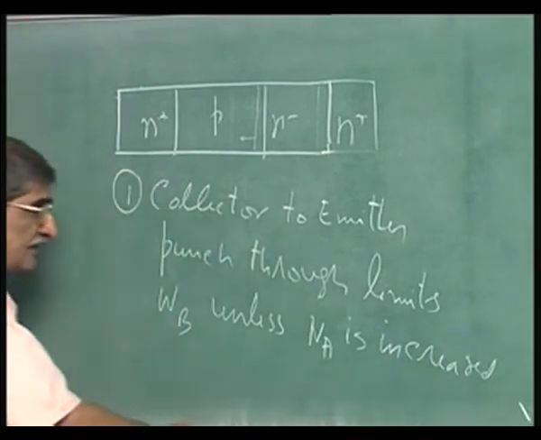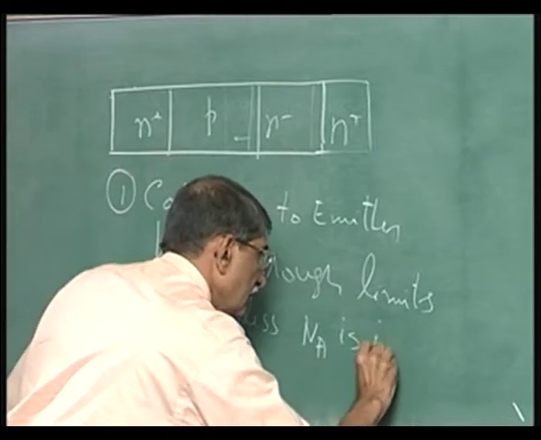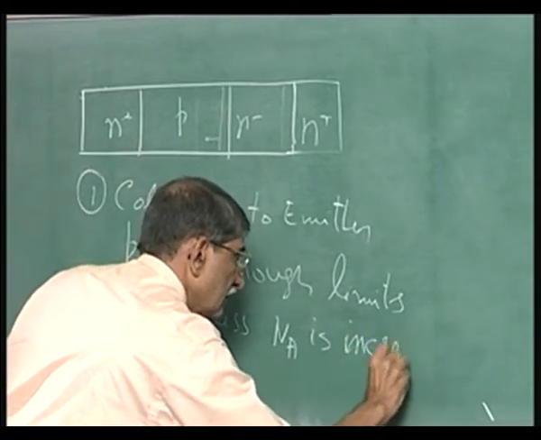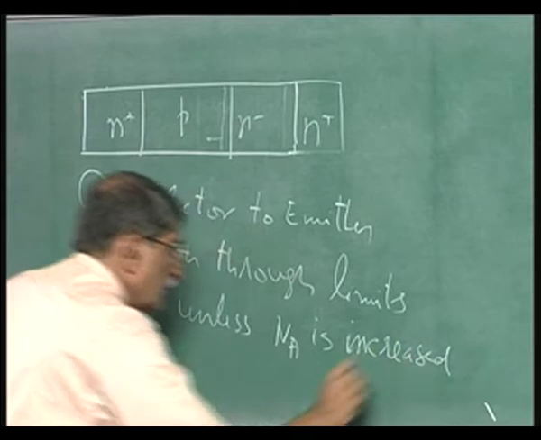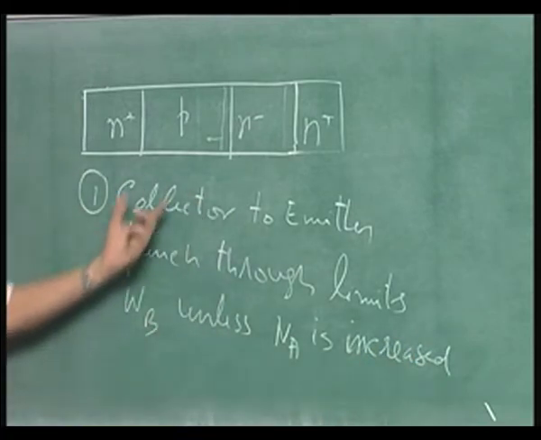In other words, you must increase NA if you have to go to lower WB, to avoid this problem of depletion layer punch through.